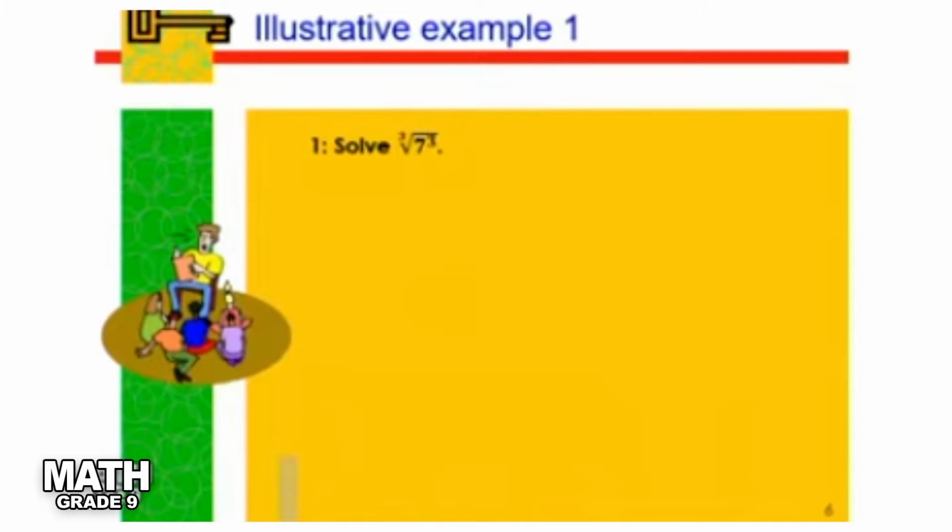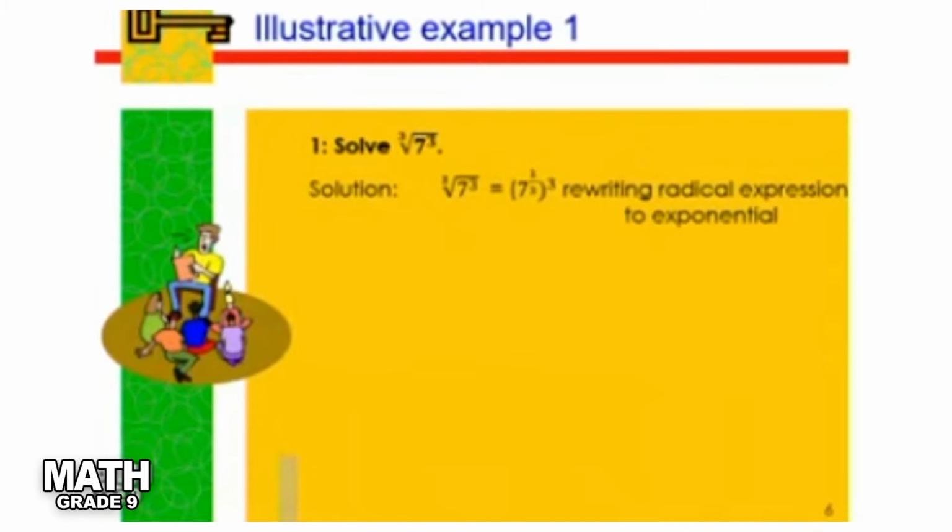Here is the detailed solution. The cube root of 7 cubed is equal to the quantity of 7 raised to 1/3, raised to 3, when we write it in exponential form.